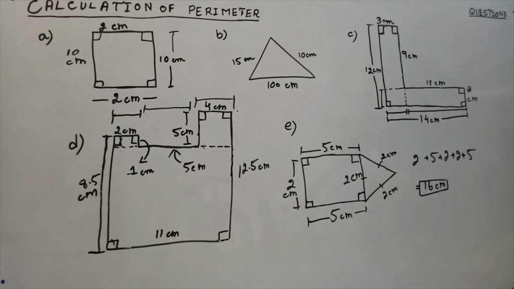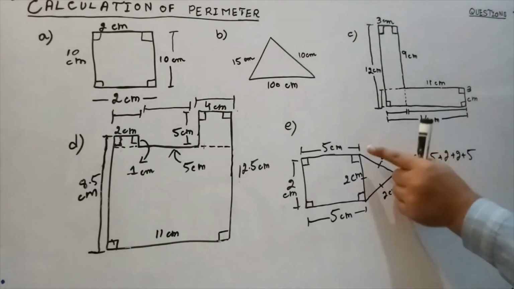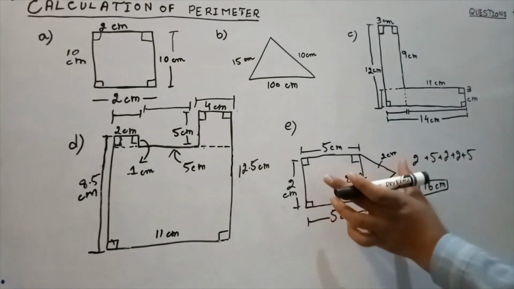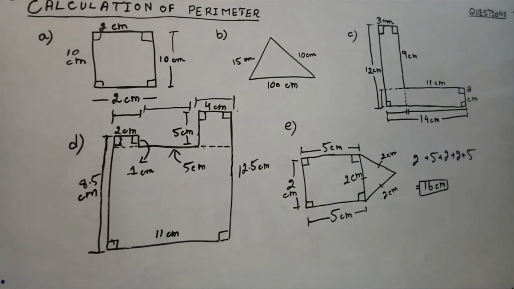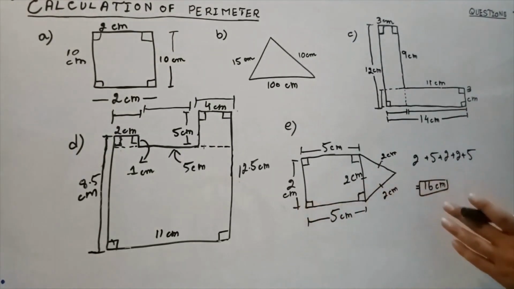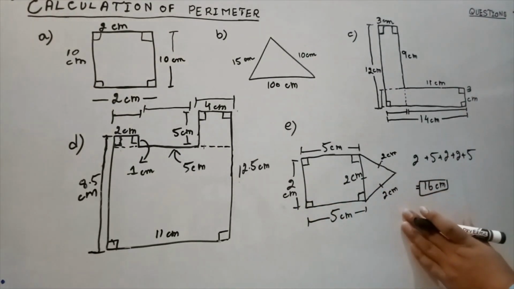You just have to add the lengths of the boundaries. If we divide the figure into simple forms and then add the boundaries of these simple shapes, we are not going to get the correct answer.